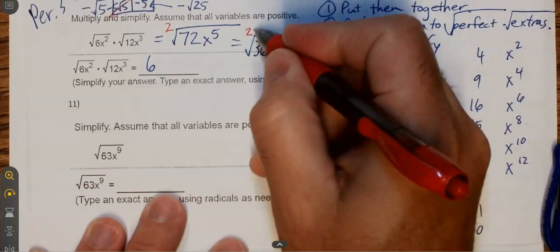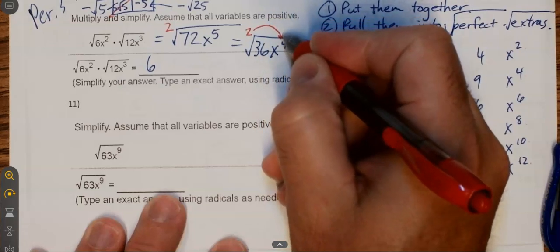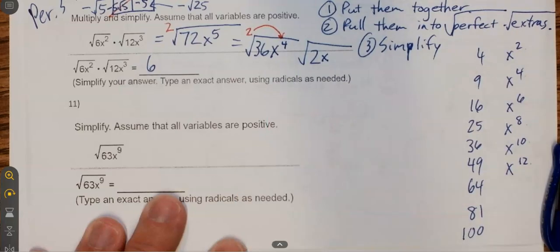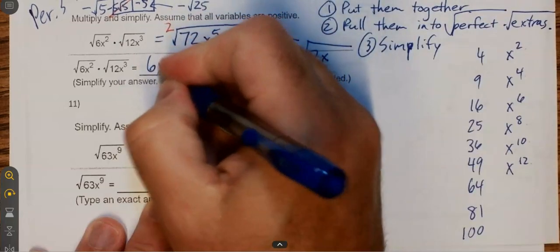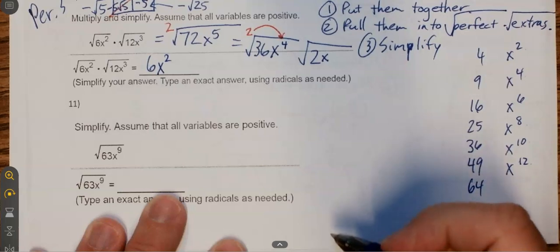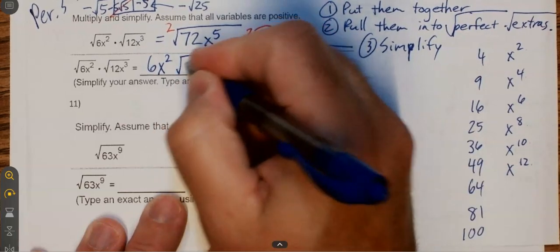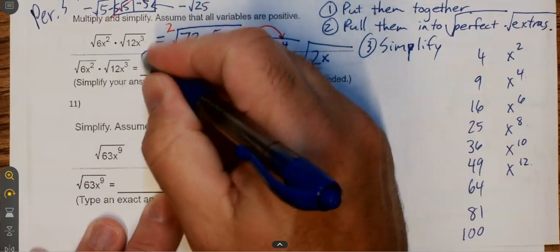Remember, if you know the index is a 2, you're just trying to figure out how many times 2 goes into 4. 2 times. So that gives me x squared. Now, the extra part over here, I can't do anything with that. That was the point that we tried to make a long time ago.